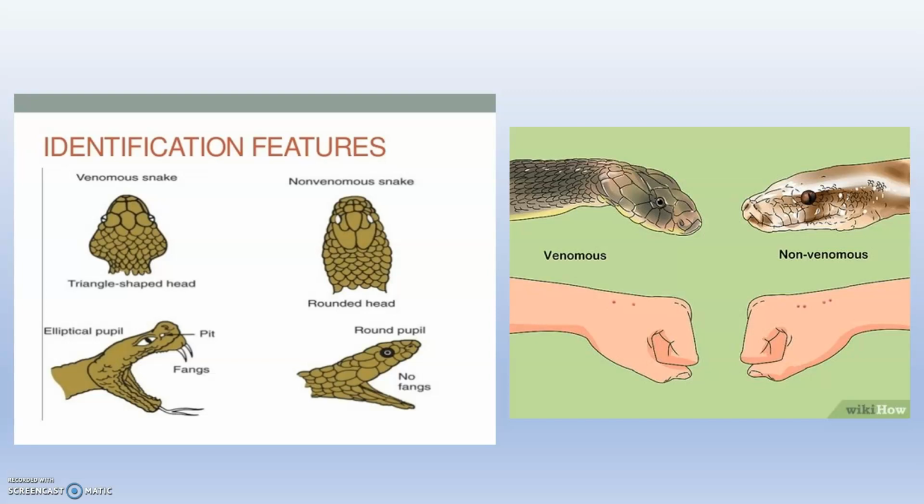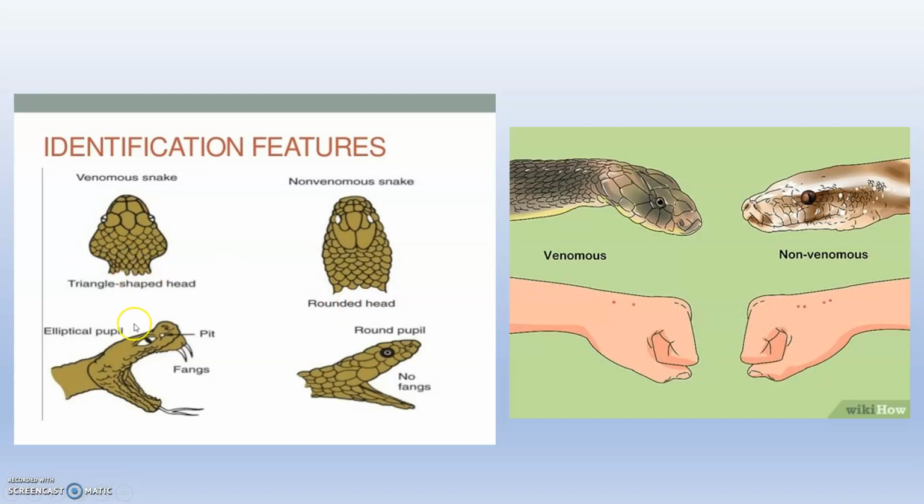We can easily identify a venomous or non-venomous snake based on the triangle shaped head. Venomous snakes will have a triangle shaped head, but non-venomous ones will have a rounded head.